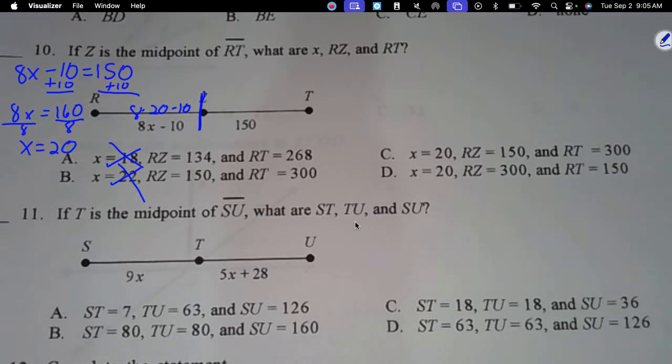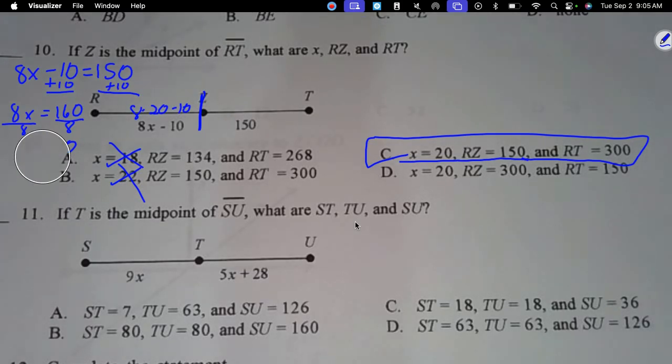If this one's 150, and this one's 150, what's the whole thing? 300. So you could tell it was C. You didn't really even have to do much. Of course, there were 2 answers that said that, so be careful. Are we good with that one? That one was just a lot of pieces. Doable, just a lot of pieces to solve for.